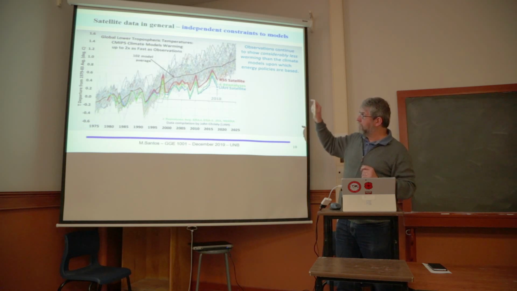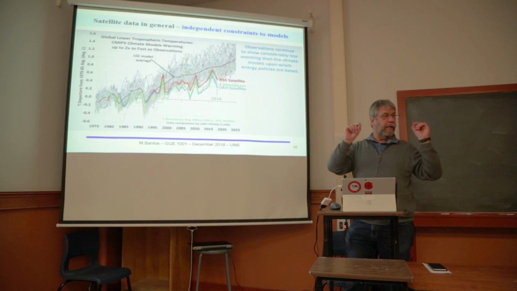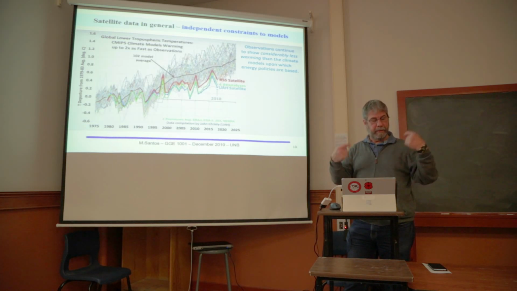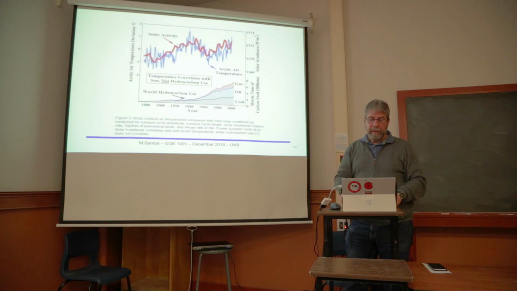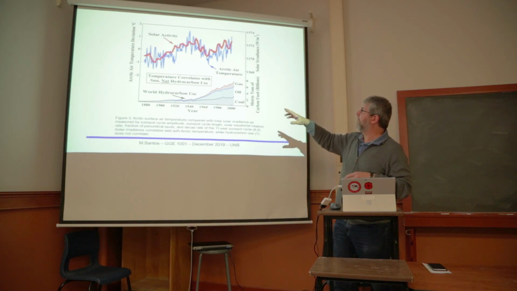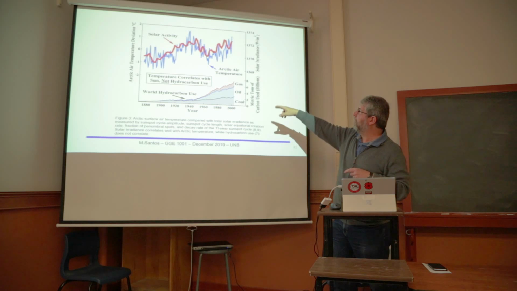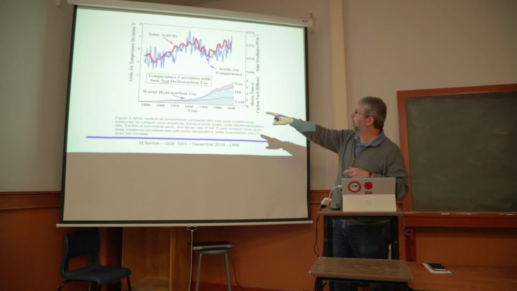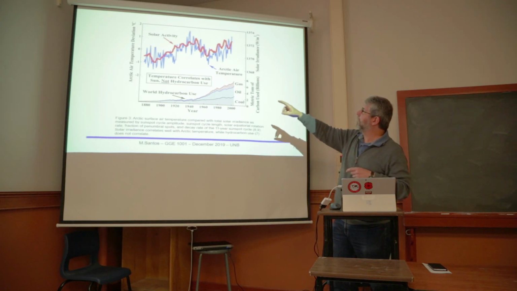But anyway, this is why we need good data. We need reliable data so that we can assess models. And the models also have to include all sorts of parameters. So this is a plot just out of curiosity, going from 1880 to 2000.